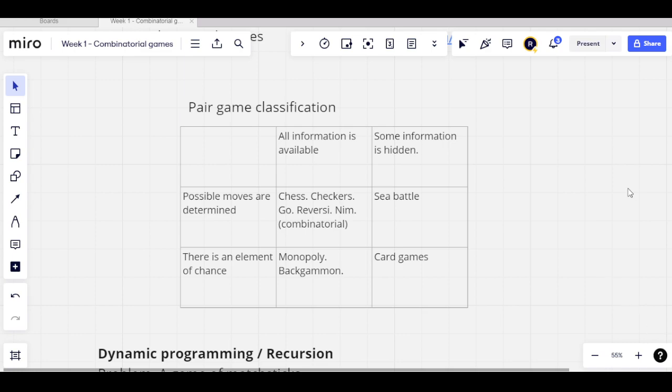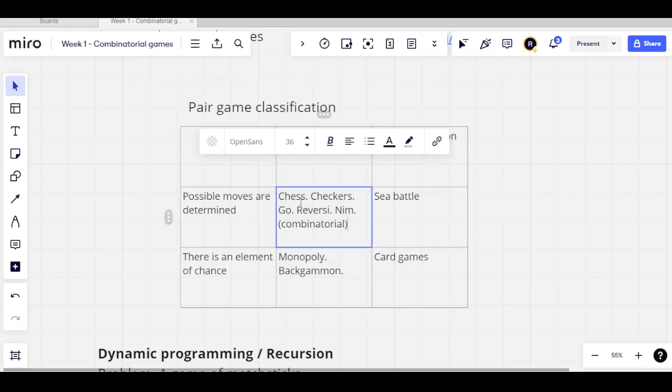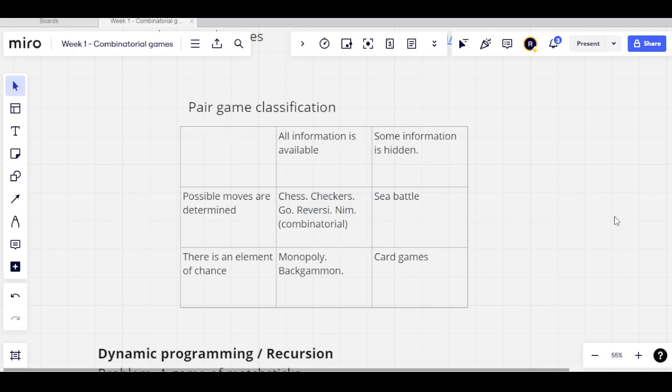It's a game where we have only two players that move turn by turn. And in combinatorial games, we have all information and all possible moves are determined. I can give you an example.